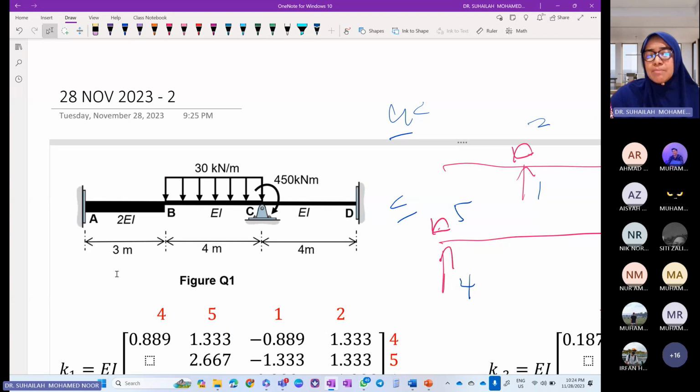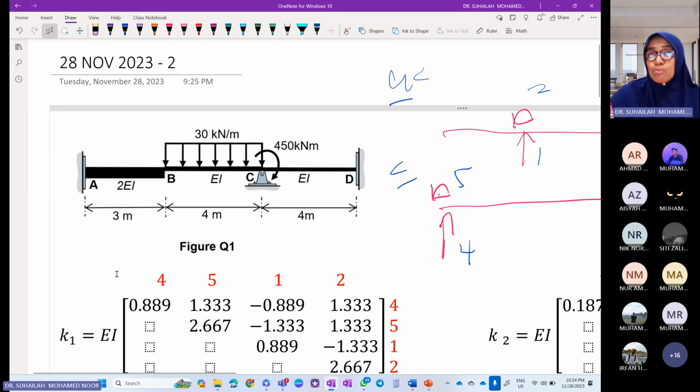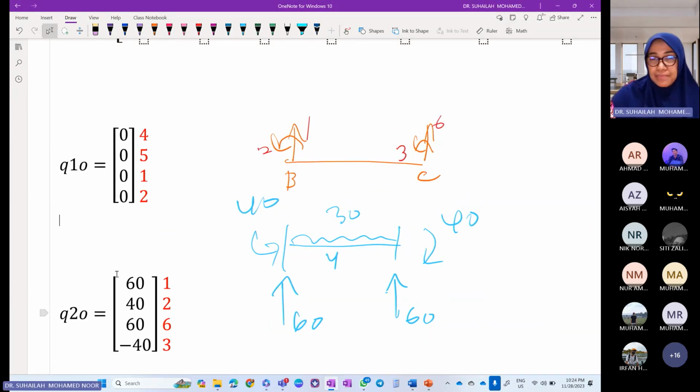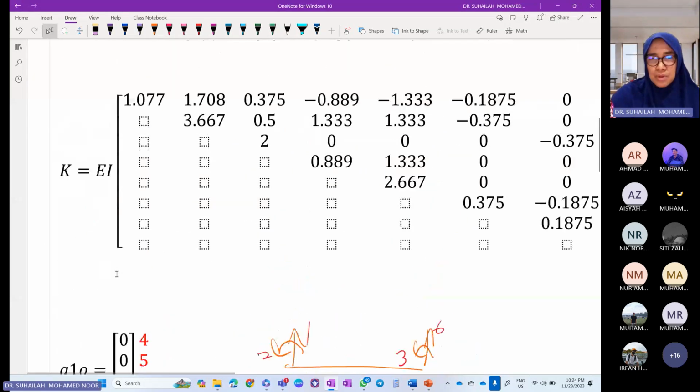The moment 450 that is subjected at C is Q, not Q naught. It is Q, nodal forces that are subjected directly at nodes. That is why 450 is not included in this Q naught, because it is nodal forces, not equivalent nodal forces.